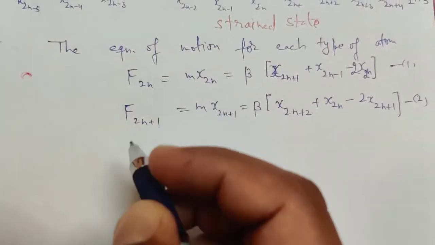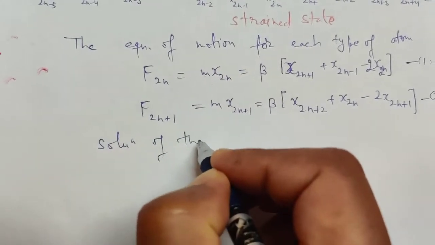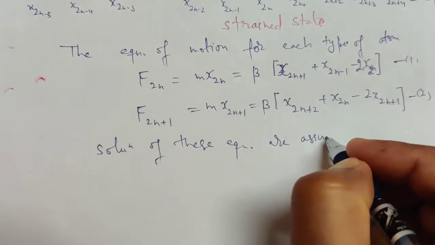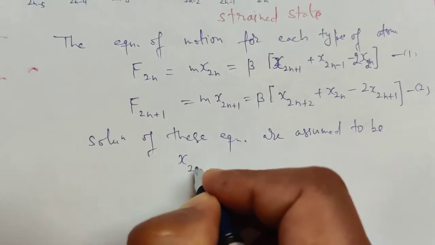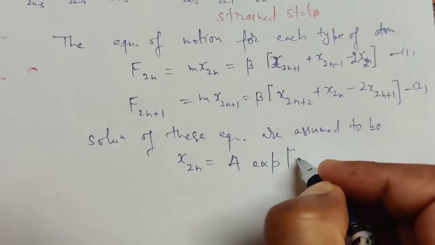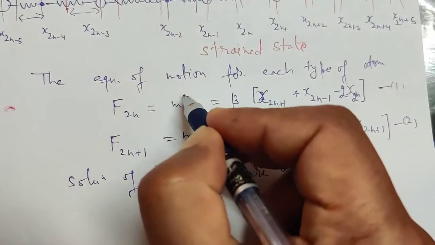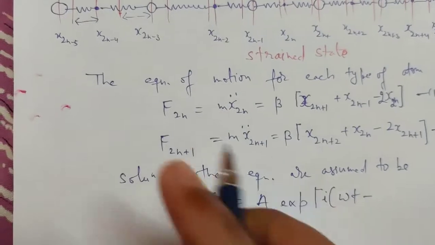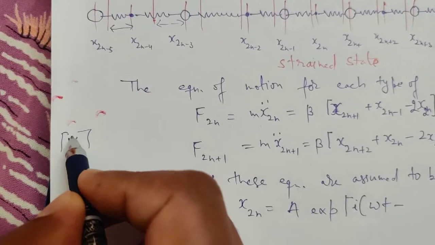Now the solution of these equations is assumed to be of exponential form for x2n. This is the double derivative of this.